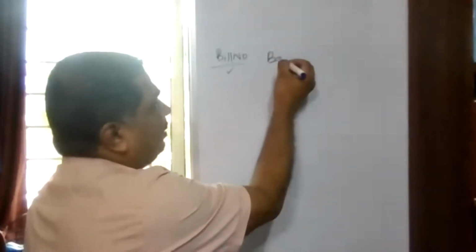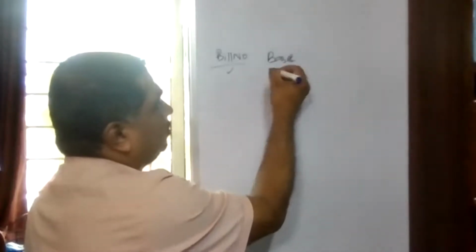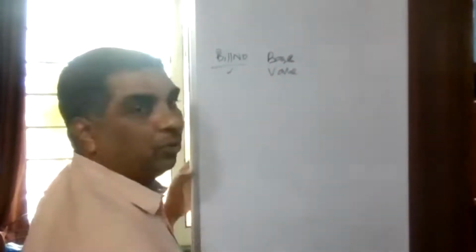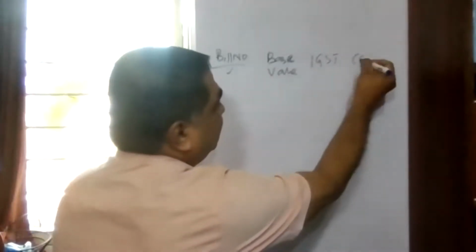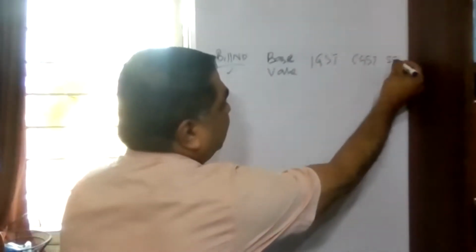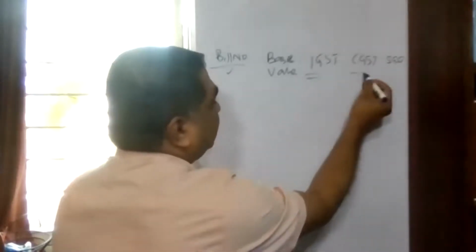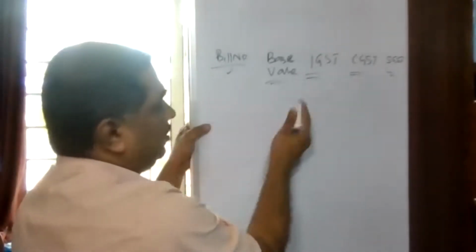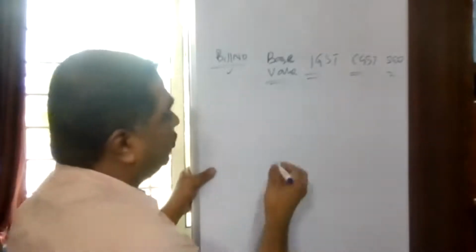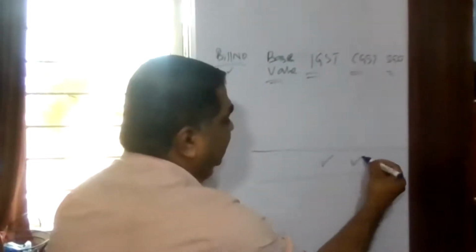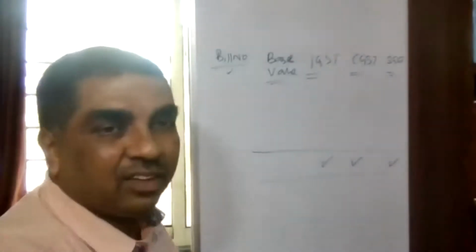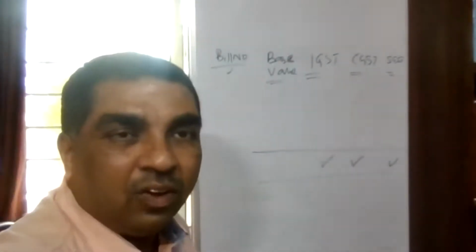What is my basic value or base value? Then what is my liability on IGST, CGST, SGST? That detail every month one should have, so that one can collect that this is my liability on IGST, CGST and SGST.